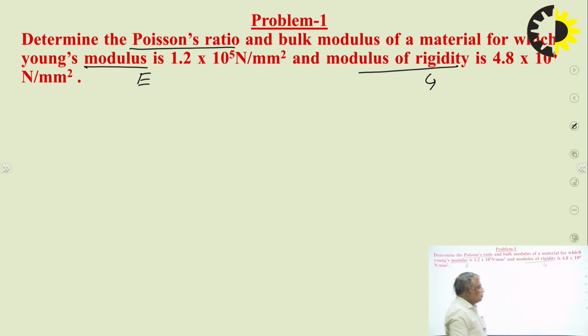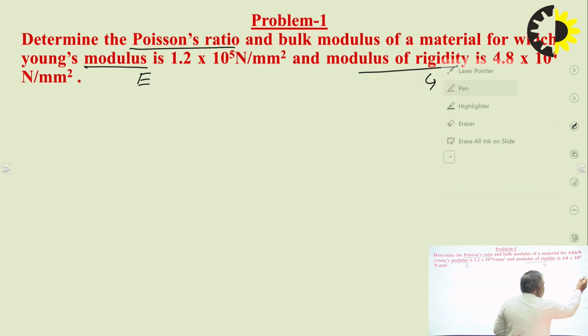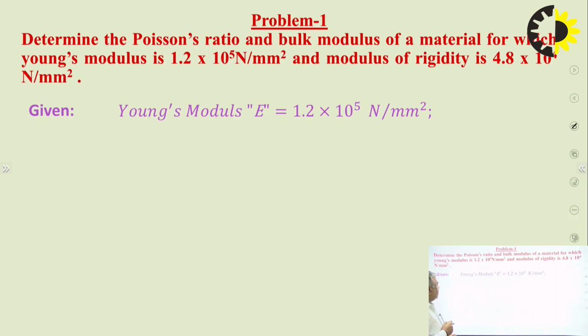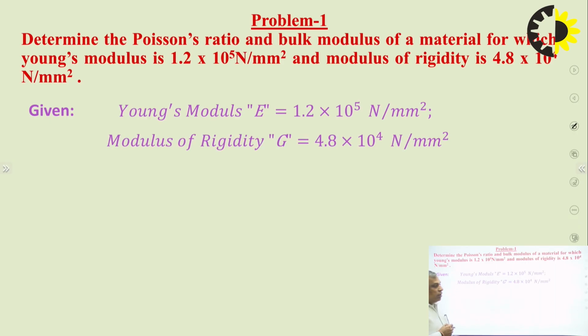So we will attempt this problem step by step. First, we see what is given. Young's modulus is given and modulus of rigidity is given. Now we need to find the Poisson ratio. So what should we do?